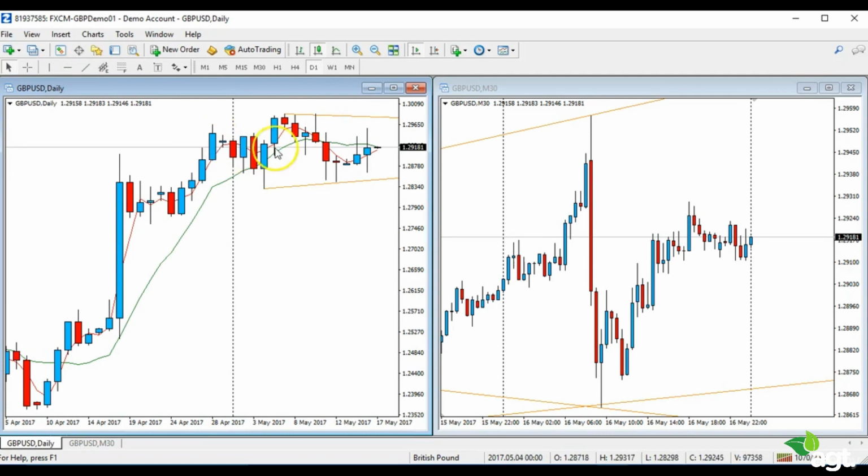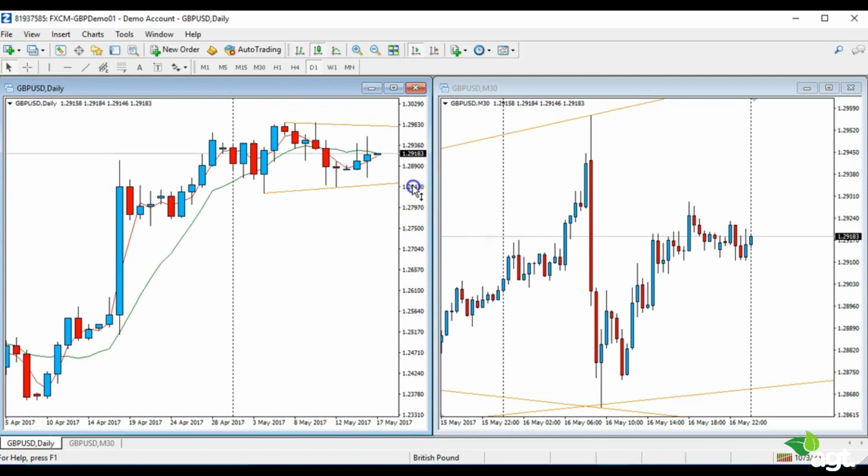I can see that price is actually moving sideways on the daily chart, and that there isn't really momentum because price is crossing over. In fact, it's forming what we call support and resistance.